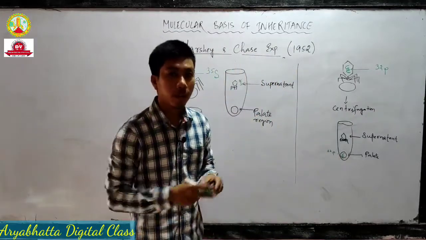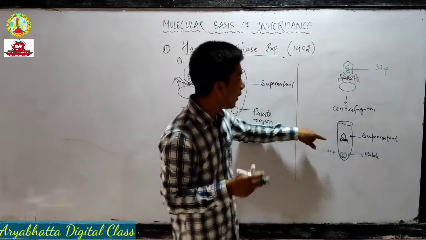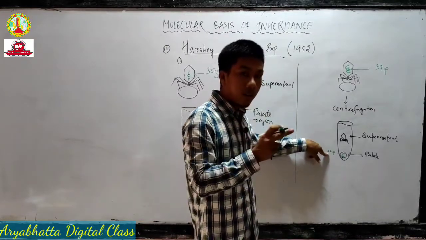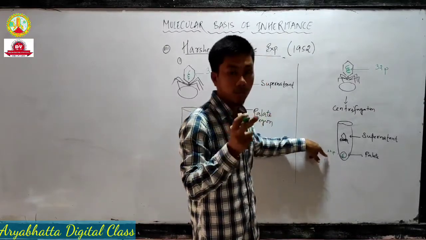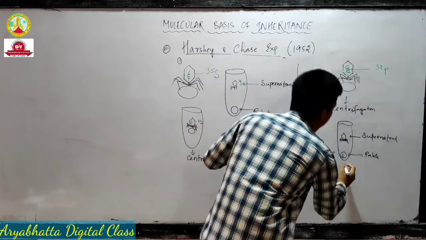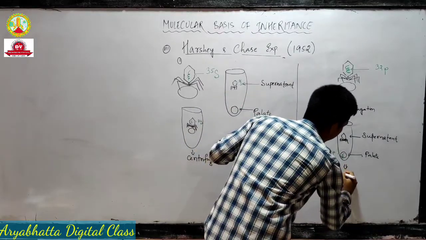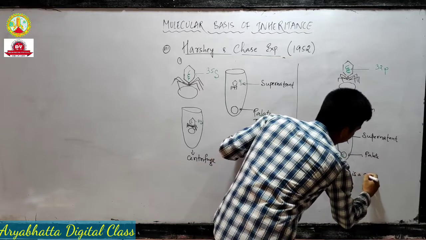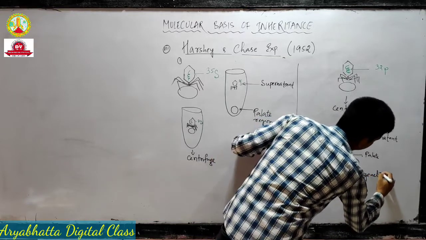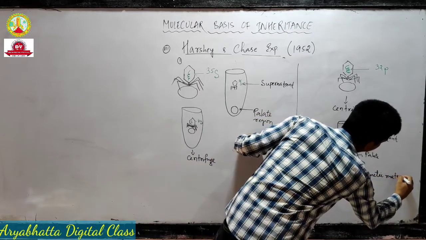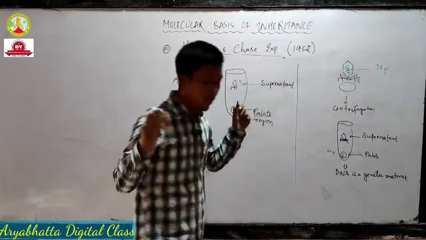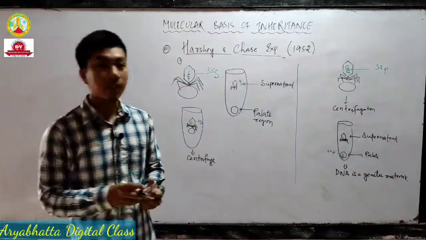So from this experiment, they came to the conclusion that it is DNA that is transferred from one body to another body, and this proves that DNA is the genetic material. This experiment 100% confirms that DNA is the genetic material.